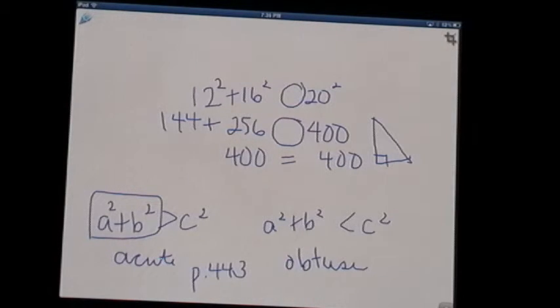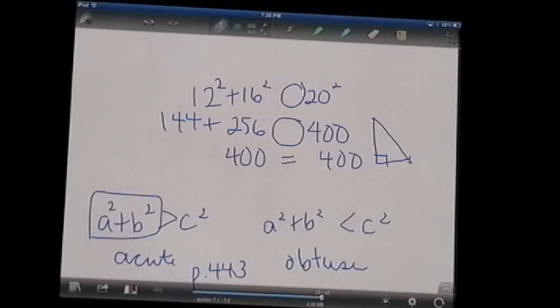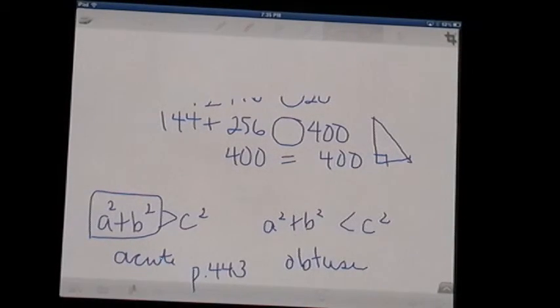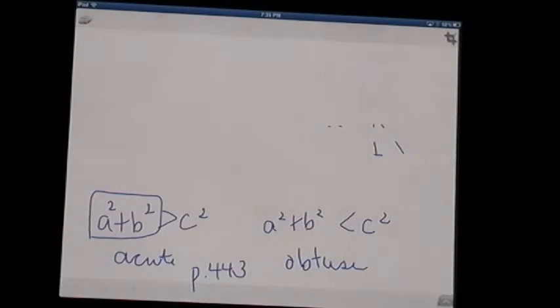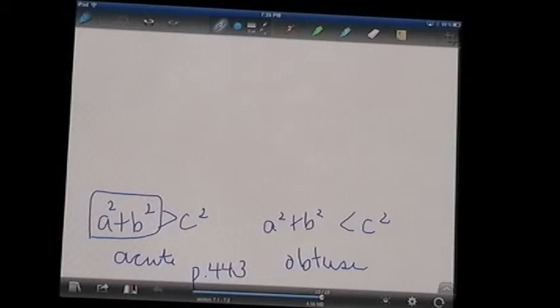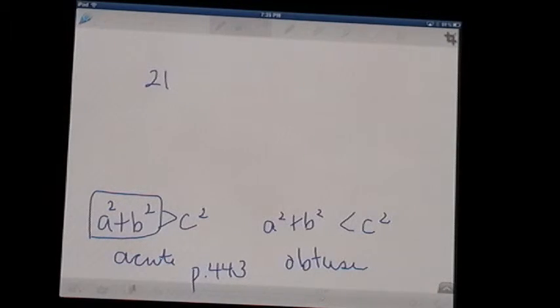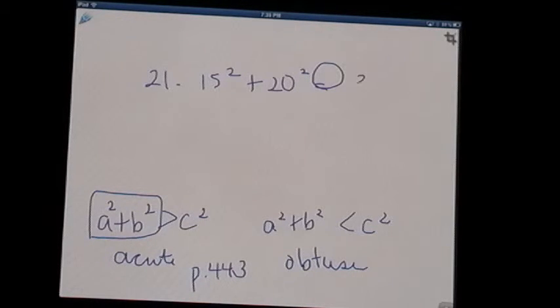Let's do number 21. Okay, number 21, 15 squared plus 20 squared, and then we need to know what the relationship is with 36 squared.